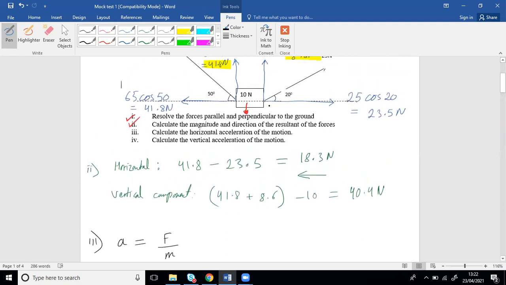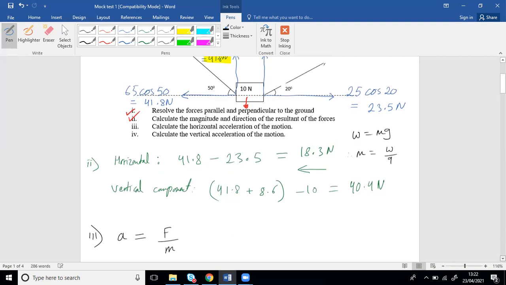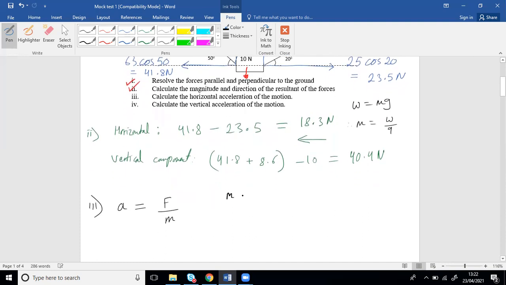Since I've got a 10 Newton weight, if I use this formula, W equal to mg, therefore m would be equal to W over g. Mass should be 10 divided by 9.81, which is about 1.02 kilogram. Okay, so I've calculated the mass.